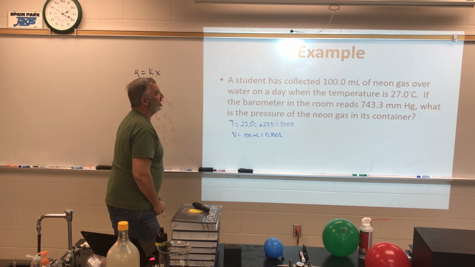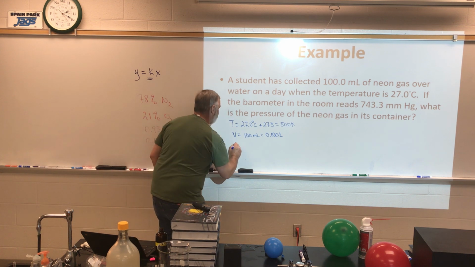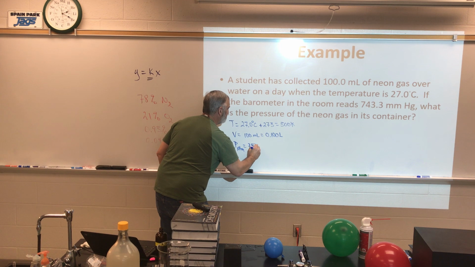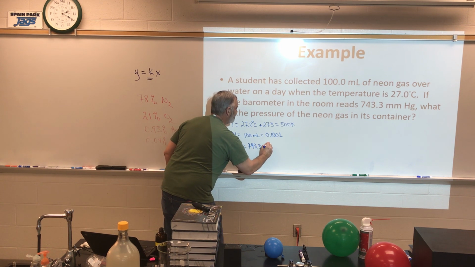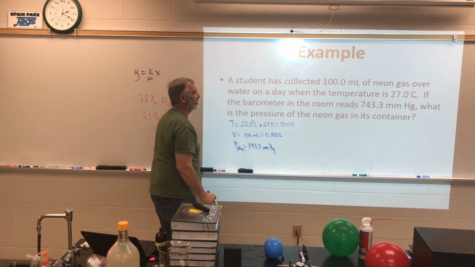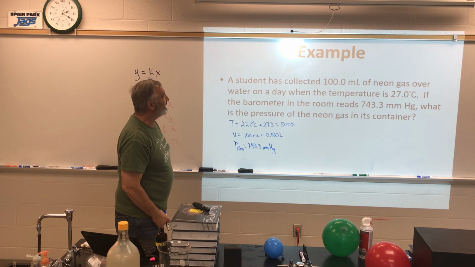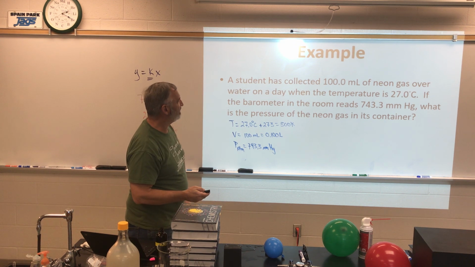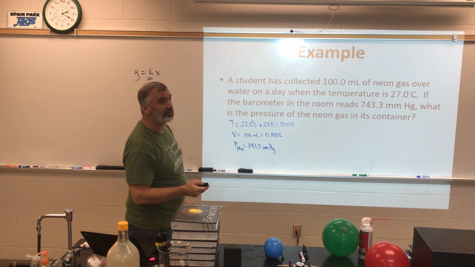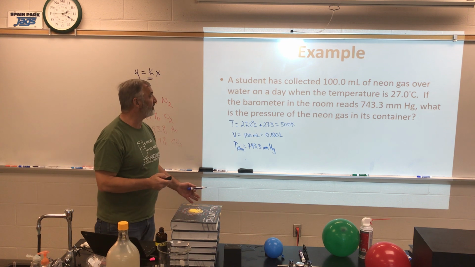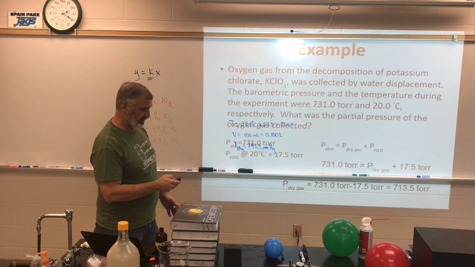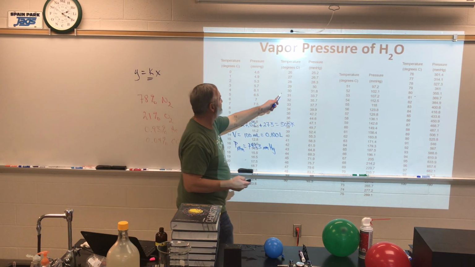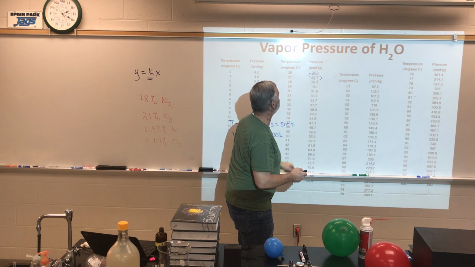Okay. If the barometer, so the pressure of the atmosphere, is equal to 743.3 millimeters of mercury, okay, but I need to subtract out water because not all of that pressure is due to the neon gas because it's collected over water. So I have to know what the water vapor pressure is at 27. So I'm going to go back to 27 degrees, and it's 26.7.